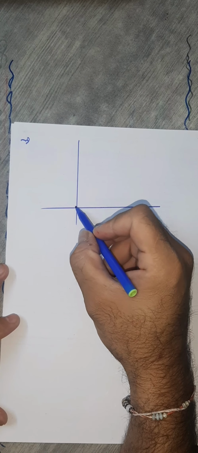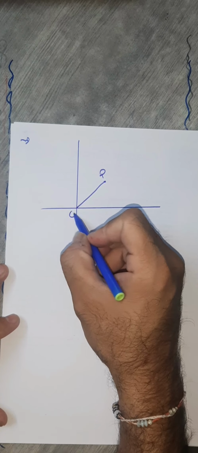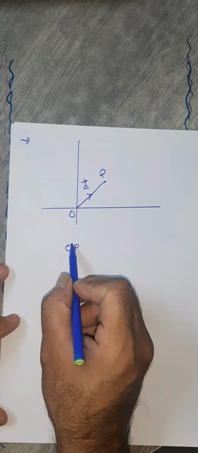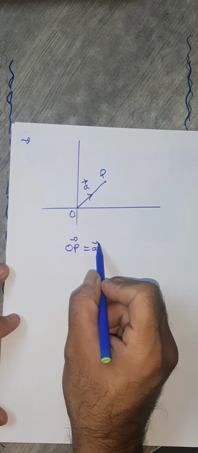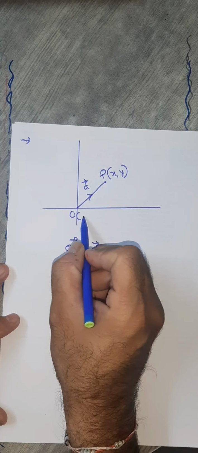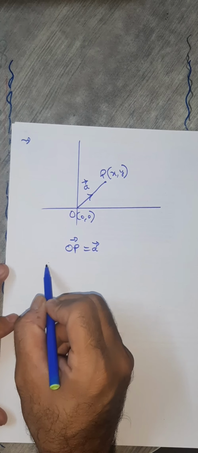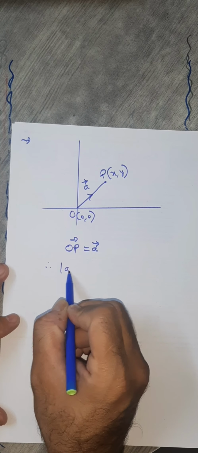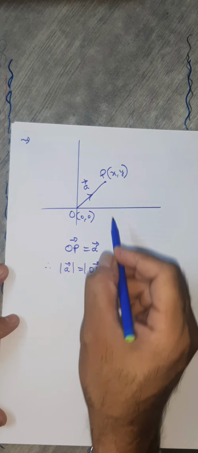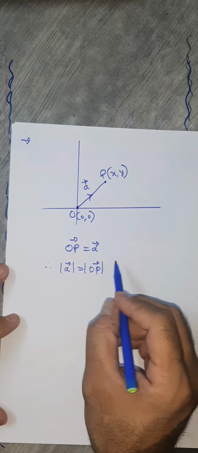So as I mentioned here, magnitude in this case, if this is vector say OP or vector A, so OP or you can say vector A with position vector, let me take x, y here, then the magnitude of this vector, that's also called the length of the vector, which is just the distance of terminal point from this initial point.